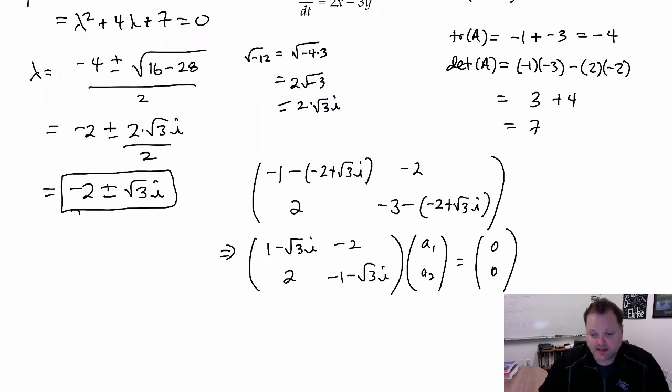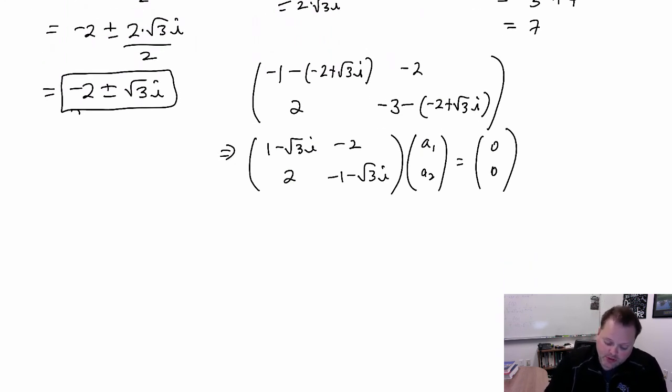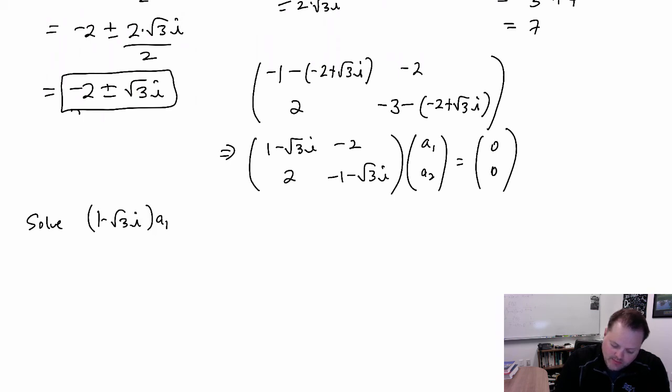This is where using that technique I showed you before pays off. You're just going to solve 1 minus square root of 3i times a1 minus 2a2 equals 0. I just looked at the top row here. So this times a1 plus -2 times a2 has to equal 0 according to this multiplication here.